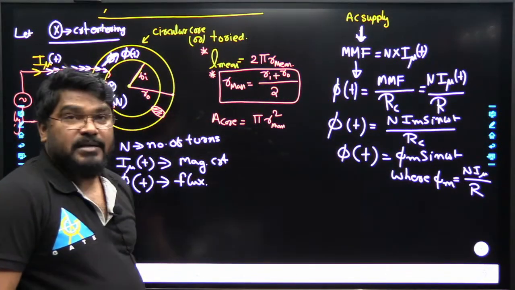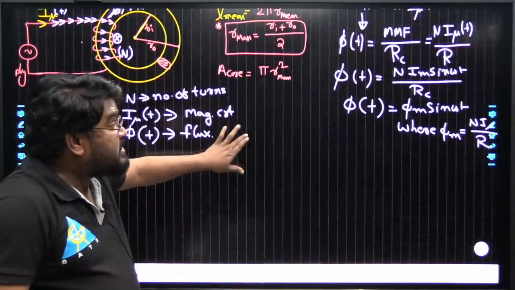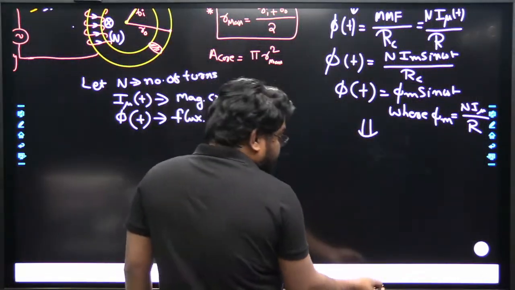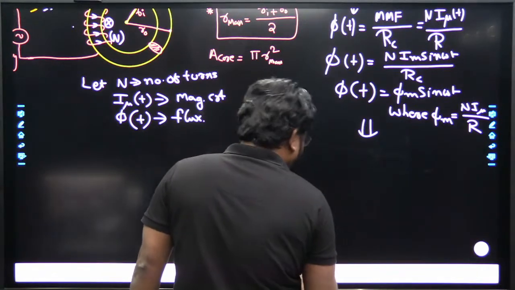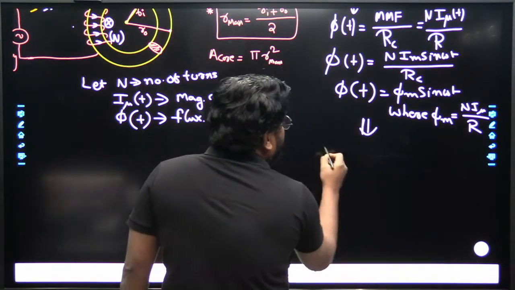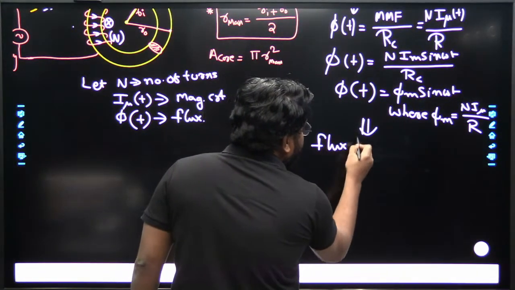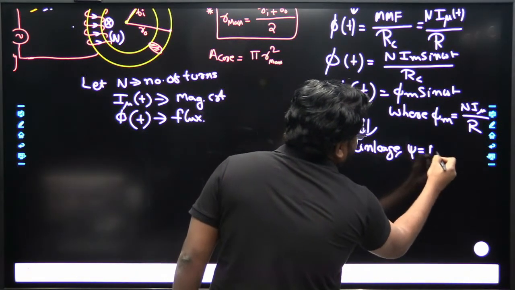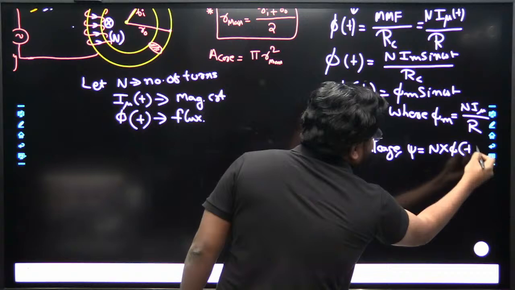So this is the flux. But according to Faraday's laws of electromagnetic induction, what is the flux linkage? The flux linkage psi is equal to the number of turns multiplied by phi of t.